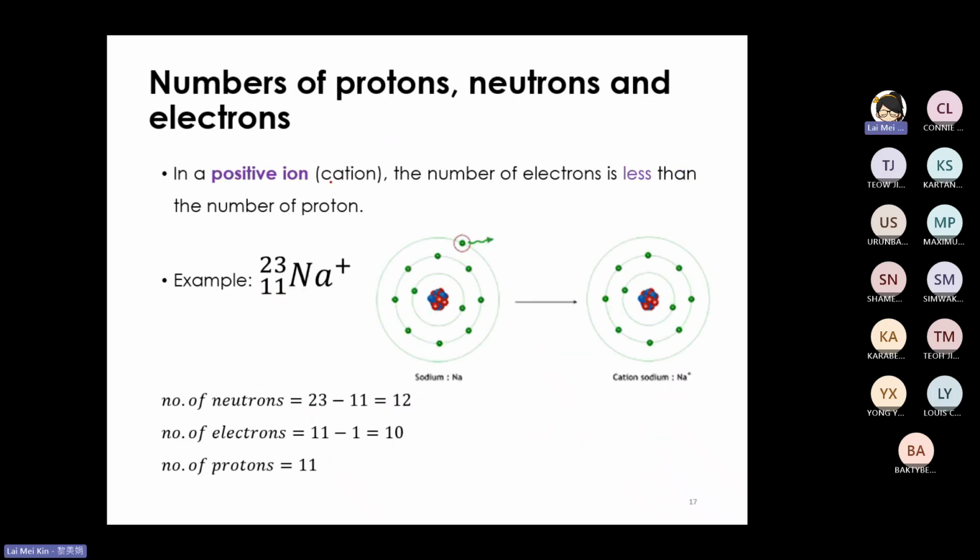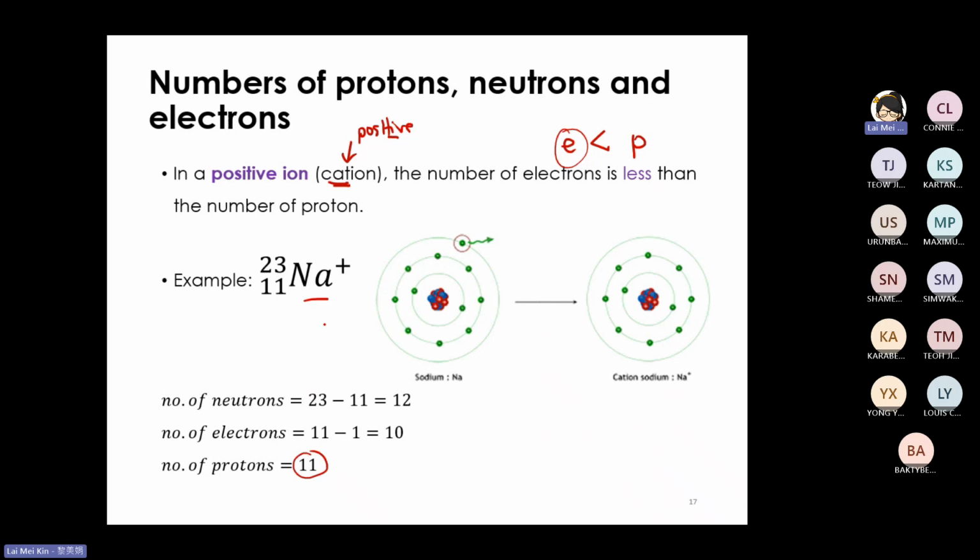Positive ion, cation. When I have electrons fewer than protons, the only thing that moves around is the electron. Whether I have extra electrons or fewer electrons, protons remain the same. For example, sodium, proton number remains always 11 because this is the identity.